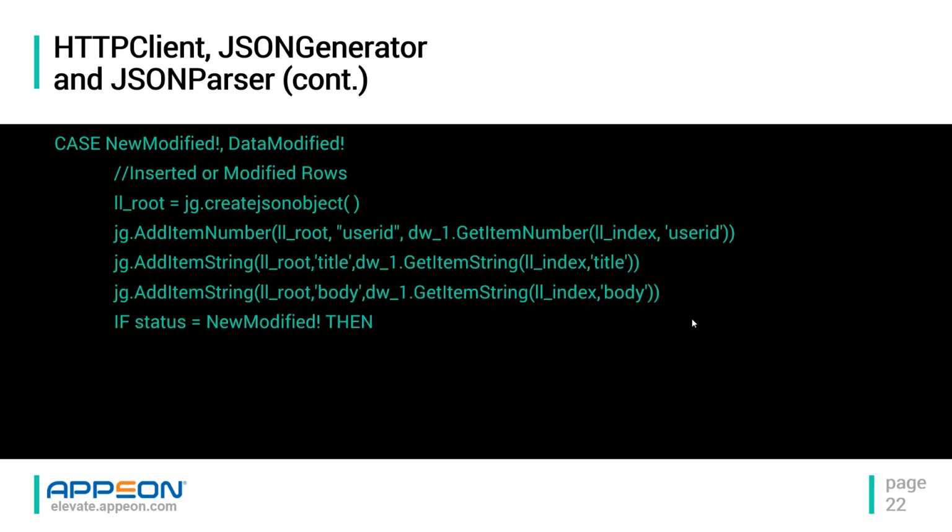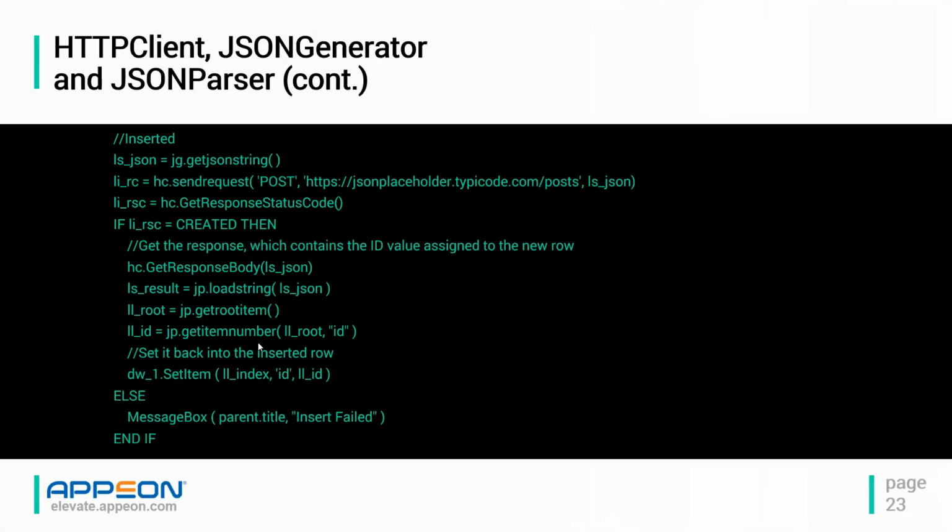We're going to need the ID value all the time, which represents the ID of this row. It won't be modified if this is an update, because that's the key for that row. If it's a new row, I'm not going to populate it because that's the value I'm going to be getting back from the service. The service is going to tell me what that value is. So I get those 3 values, and then I check to see whether it's a new row or a modified row to determine what I'm going to do about that 4th value, which is the ID value.